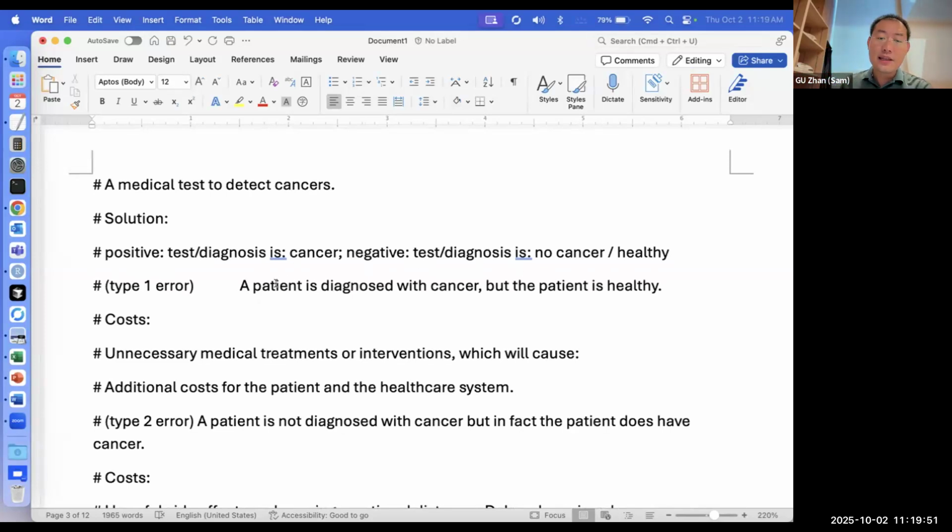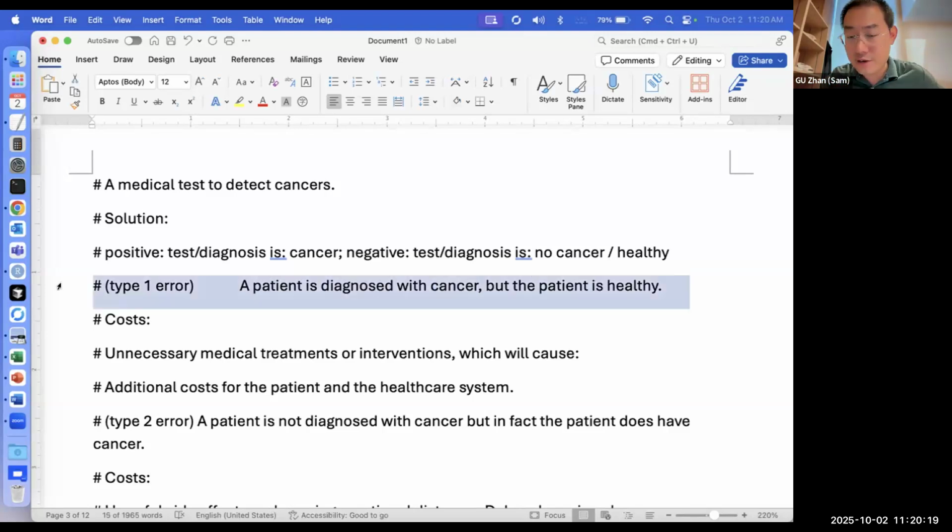Type 1 error: a patient is diagnosed with cancer after a blood test, but actually the patient is healthy, with no cancer cells in the body at all. The ground truth is that the patient has no cancer cells, but the test was wrong and indicated cancer.